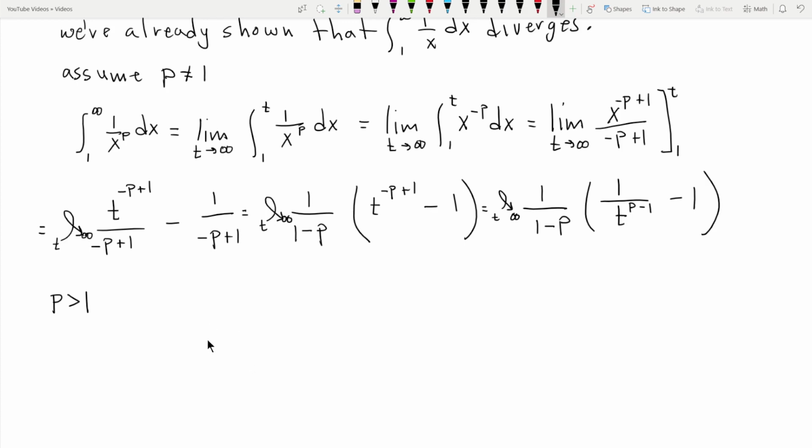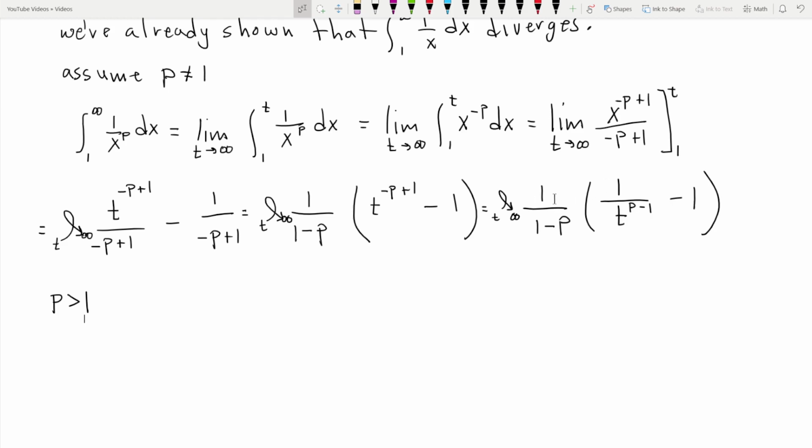all right, then what happens to this limit? Well, let's take a look at if p is greater than 1. Right? If p is greater than 1, then this is going to be negative 1. Oh, here's what I'm looking for. This is going to be 0 minus 1. Okay.